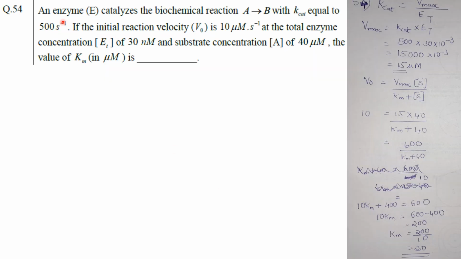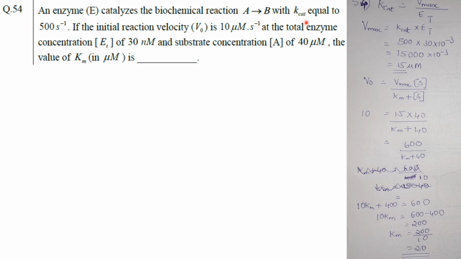Then next one. An enzyme E catalyzes the biochemical reaction A to B with Kcat equal to 500 per second. If the initial velocity is 10 and the total enzyme concentration is 30, substrate concentration 40, what is the value of Km in micromolar?